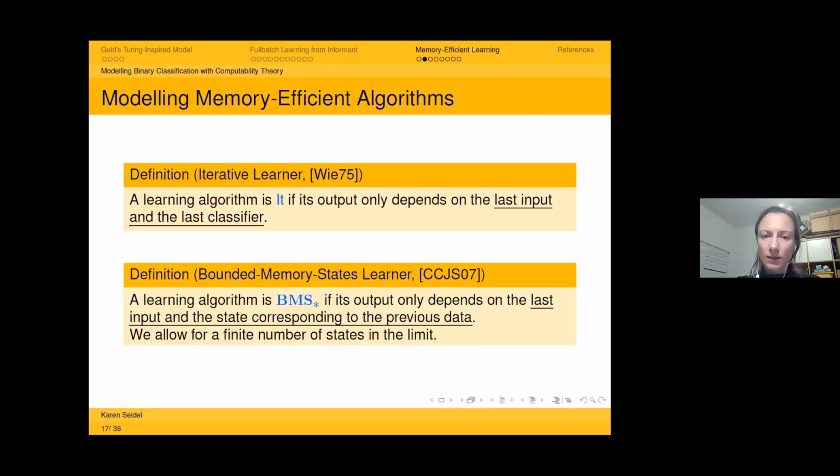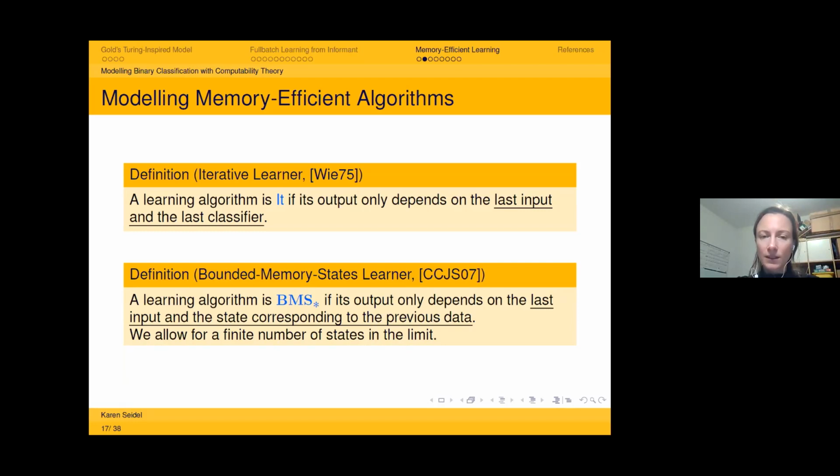And in contrast, bounded memory states learners, which were introduced in 2007, are very similar, but there is a slight difference, namely the new output hypothesis also depends on the last input, and it also depends on the last state that the algorithm is in, that is based on the previous data.